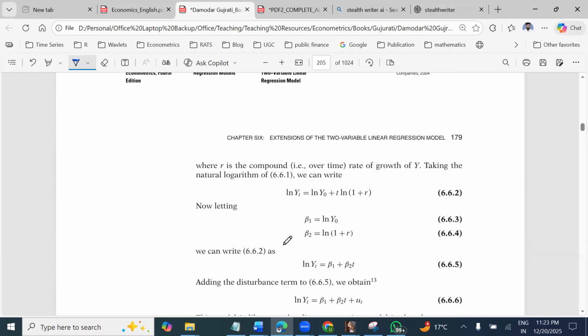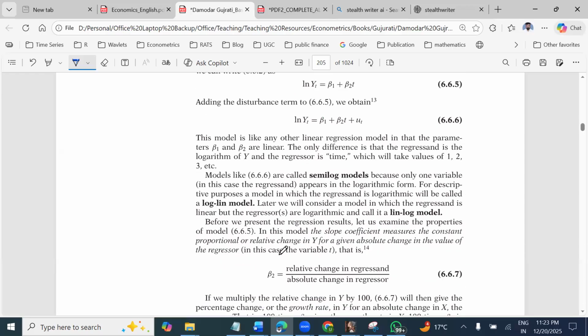If the dependent variable is expressed in logarithmic form and the independent variable is in its original form, we call that the log-lin model.